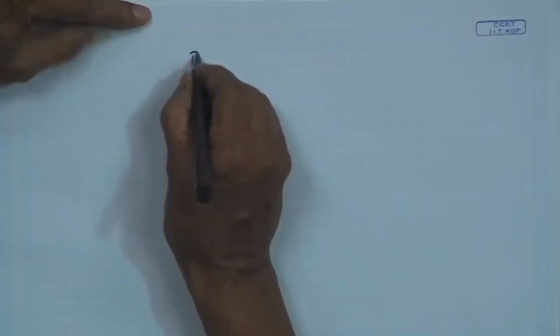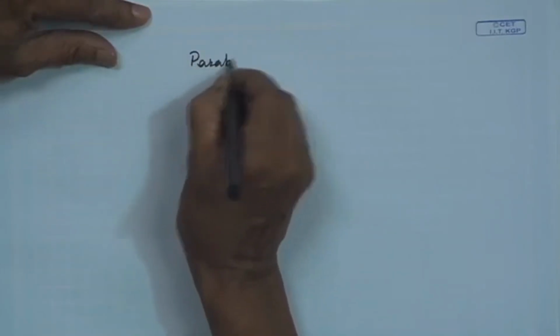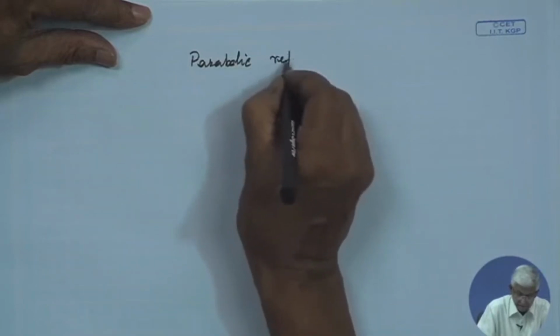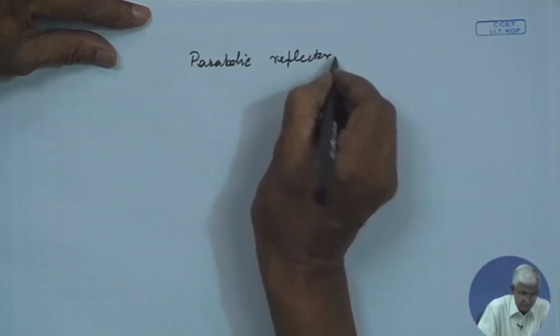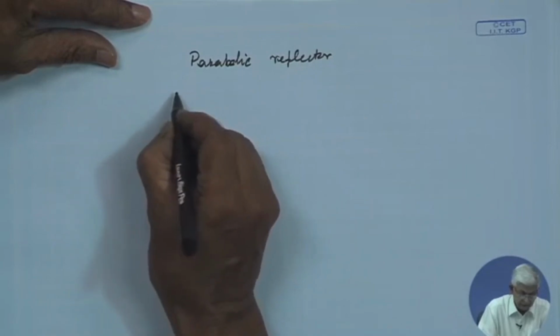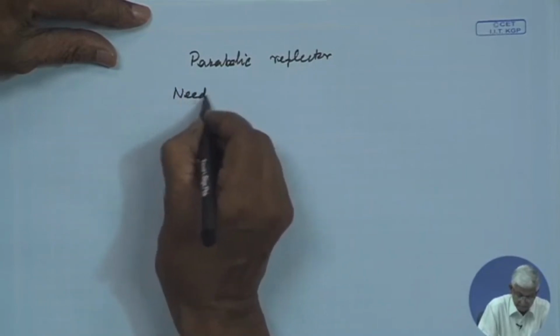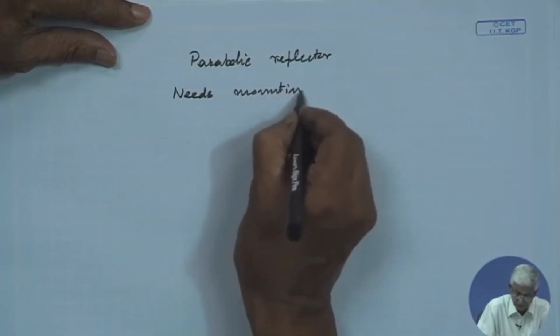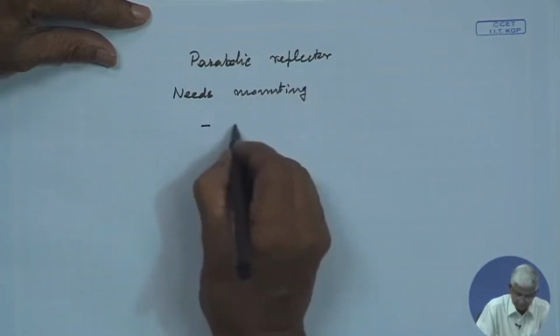Now, there are different types of mounting the antenna, that is the parabolic reflector needs mounting, that means it has to hold the reflector.